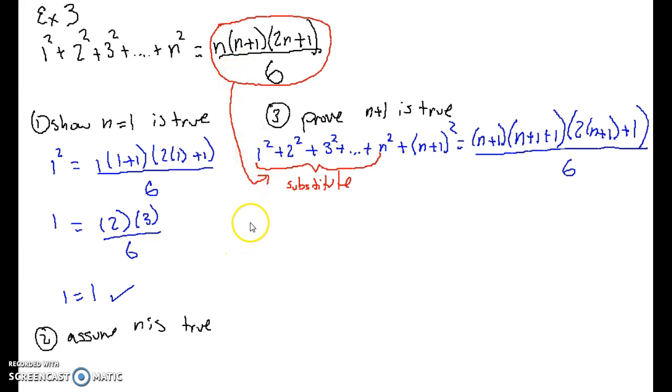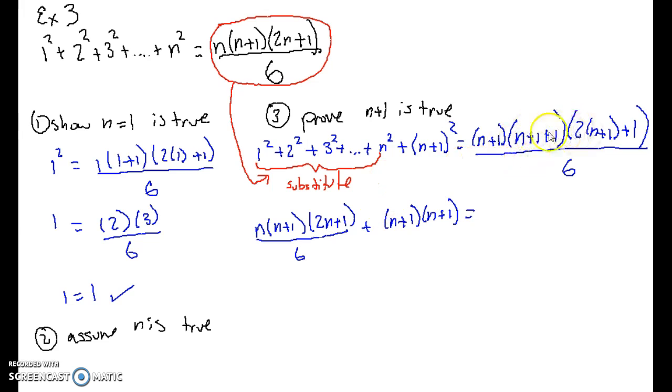All right, so this will turn out to be n times n plus 1, 2n plus 1, all over 6, and then plus n plus 1. I'm going to write this out as n plus 1 twice.